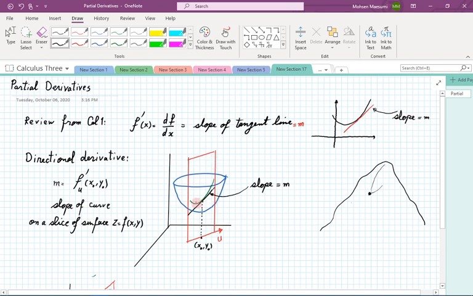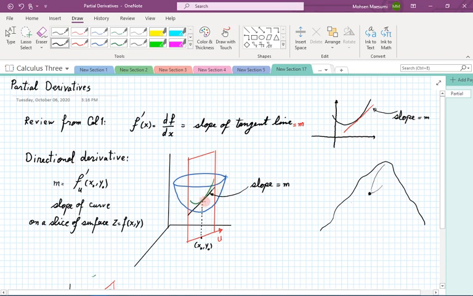The surface could look like anything. After you slice it, you're back in the situation of Calculus 1: you have a curve where you are slicing the surface, and on that curve you can find the derivative, or the slope of the tangent line.